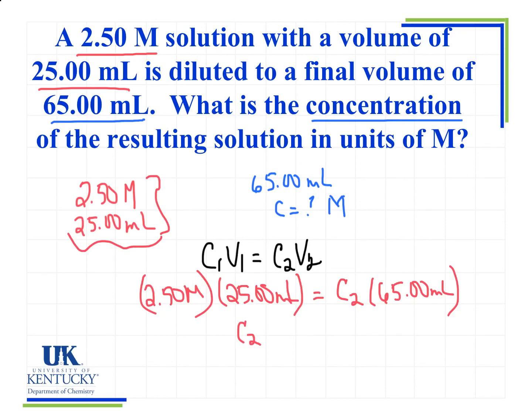It doesn't matter whether they're milliliters or liters as long as they're the same. We can also use this formula with other units of concentration, but again they all have to be in the same unit. Because I'm diluting this solution, I expect a lower concentration, and that's what I get when I solve the problem: 0.962 molar. So that's my concentration of the solution.